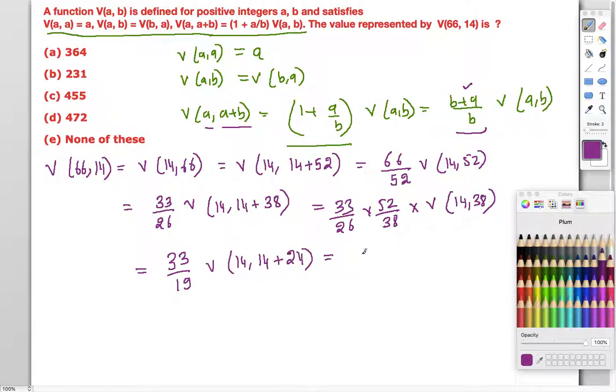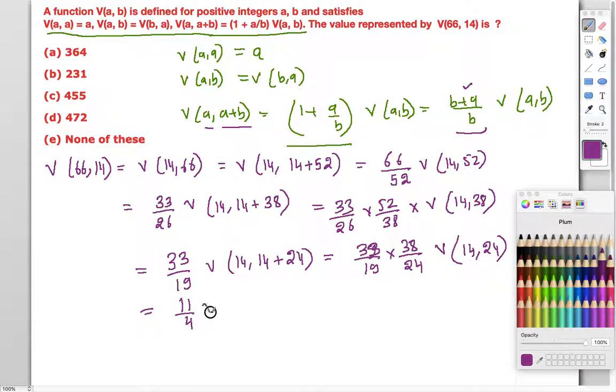So this expression is equal to 33 by 19 into 38 by 24 into V(14, 24). Simplifying, 19 twos are 38, so I get 33 by 12, which is equal to 11 by 4.